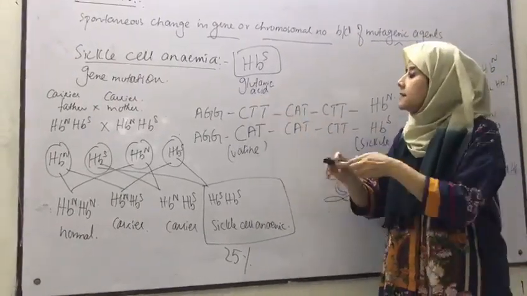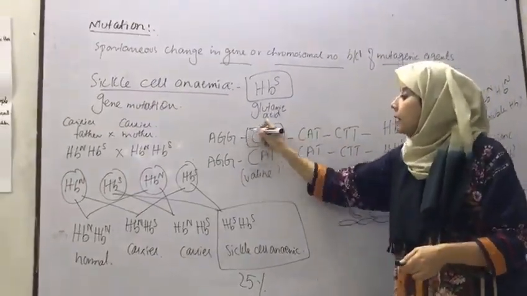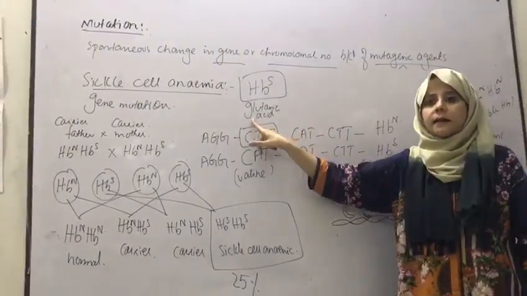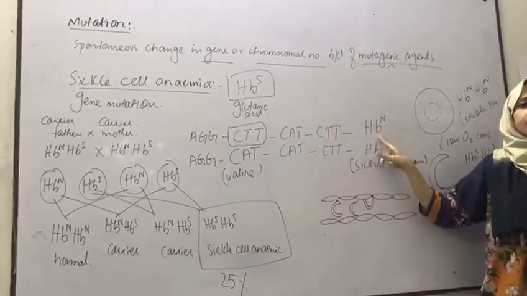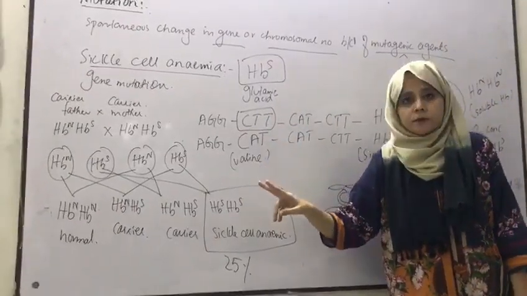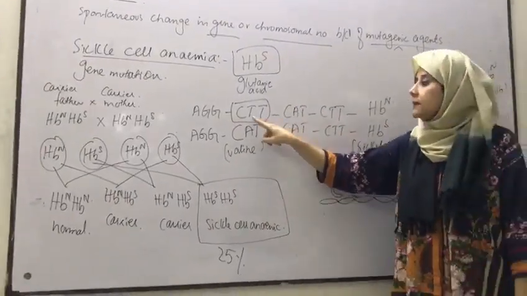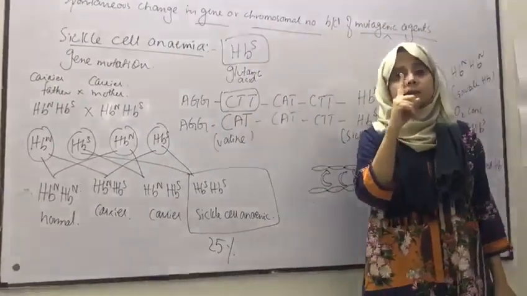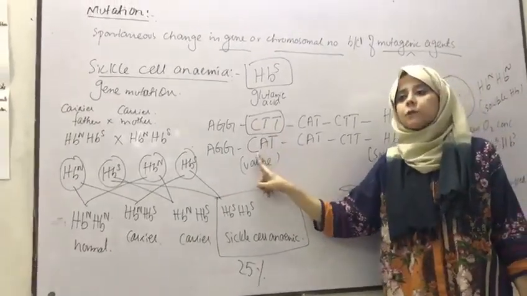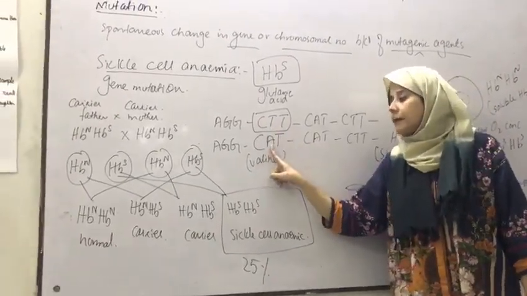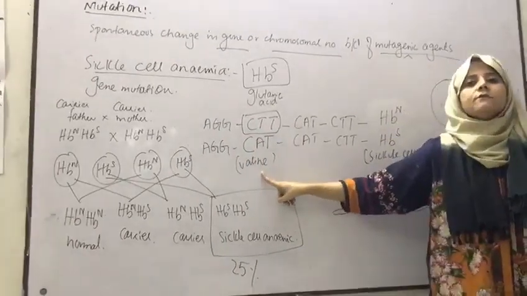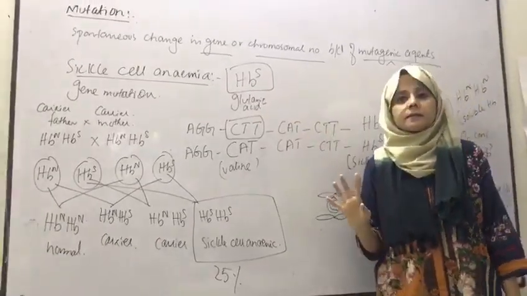Now, this CTT codes for the amino acid glutamic acid. When the glutamic acid is present, then the hemoglobin that is formed is normal. Now, during the replication process in meiosis, sometimes this T, only one nitrogen base, gets replaced with A. Now this CAT will code for the amino acid valine, not for glutamic acid.